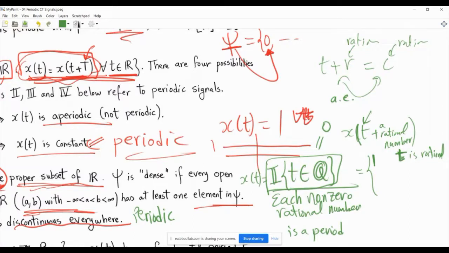So if t is irrational and you add a rational number, you get something irrational, and the function evaluated at irrational numbers gives 0.